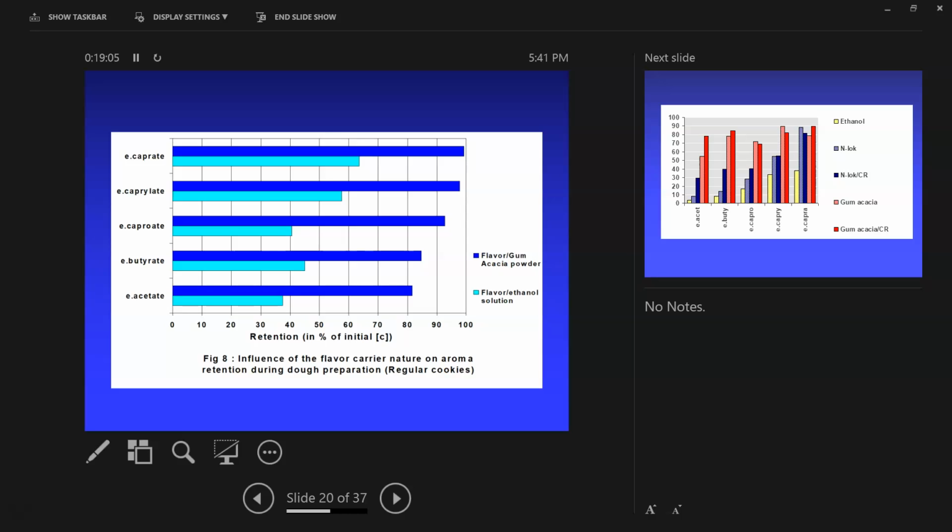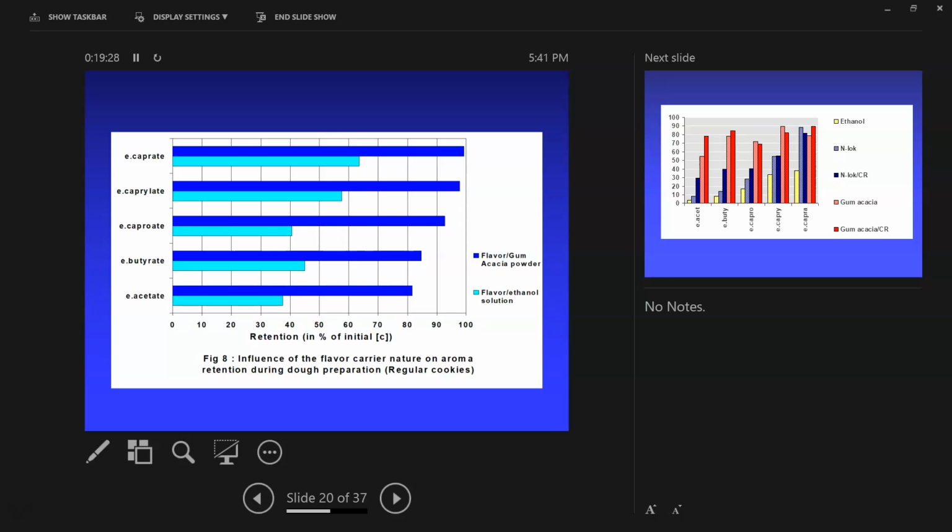Influence of flavor carrier: flavor gum acacia powder, flavor ethanol. Okay. So this is looking at encapsulated flavor. So let's take our mixture of esters and encapsulate them by spray drying. If we encapsulate the flavor rather than adding it as a liquid, so we add it as a dry powder, does that offer some protection?